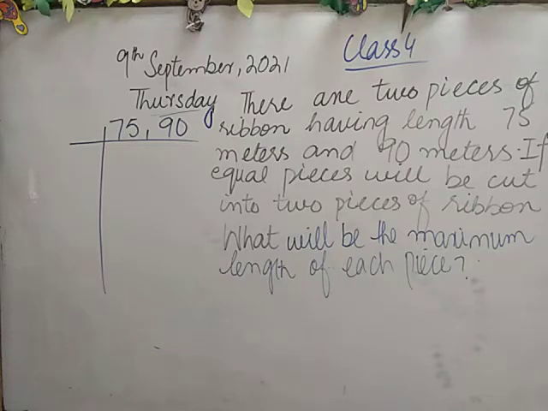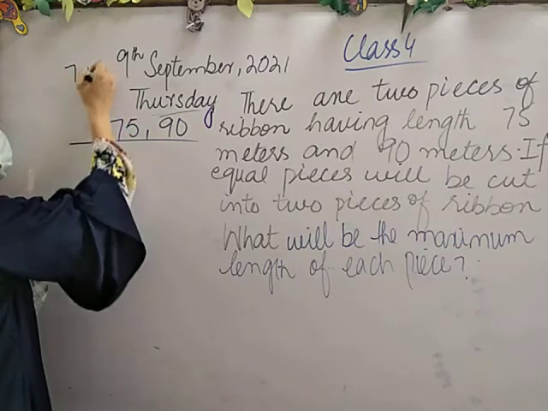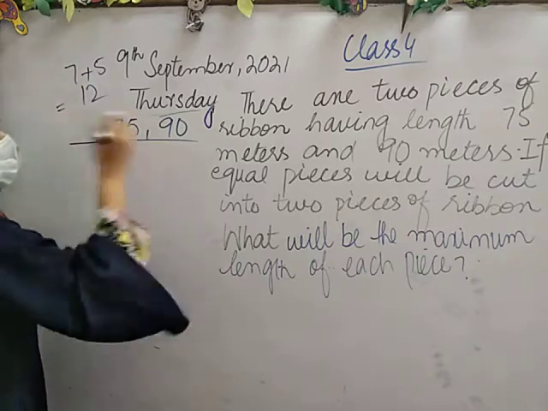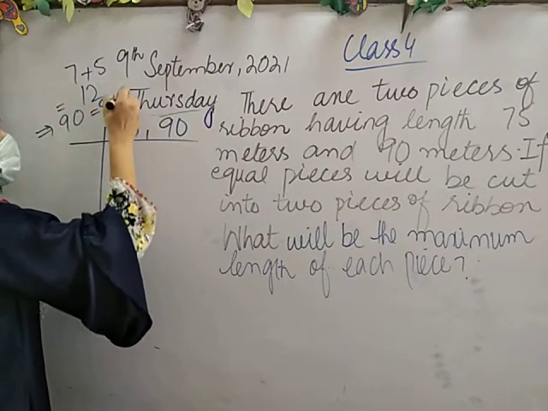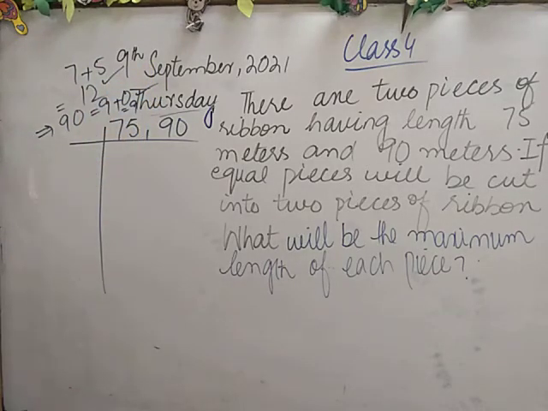We will simply add the digits. अब हमारे पास पहला, we will simply add 7 and 5, which is 12, and the other number which is 90. So 9 plus 0 is equal to 9. एक आंसर हमें मिला 12 and the other is 9. So as you know class, 9 and 12 both are divisible by 3.